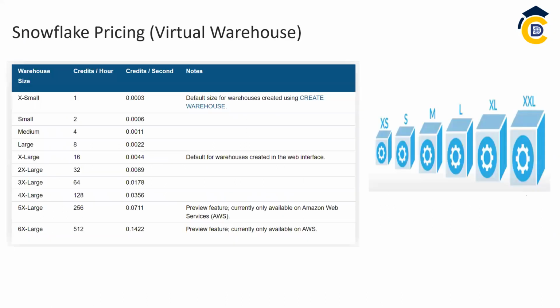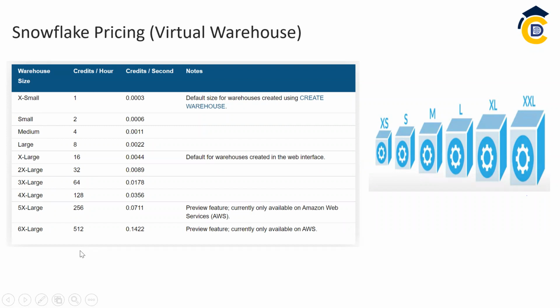Let's see the pricing for virtual warehouses, guys. As I told you in the beginning, when we were studying warehouses, you can choose different warehouse sizes, X-small, small, medium, and so on, and you will have nodes associated with those sizes. For X-small it will be 1, for small 2, for medium 4, in multiples of 2.